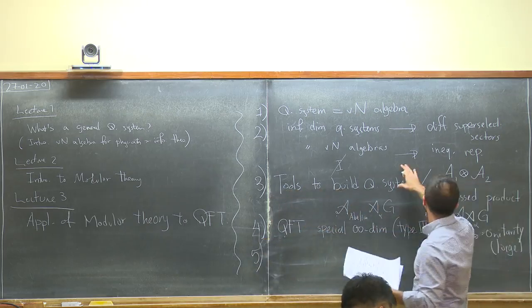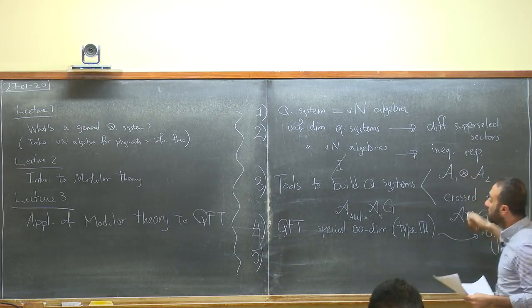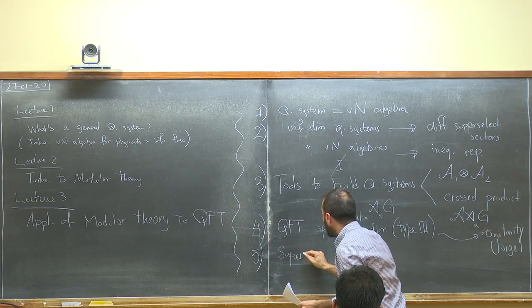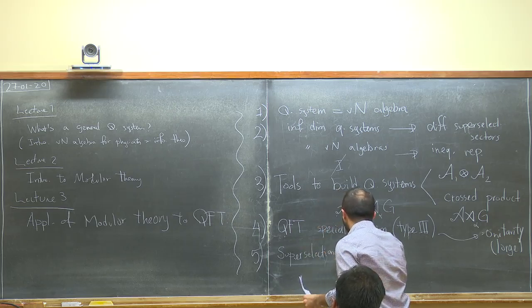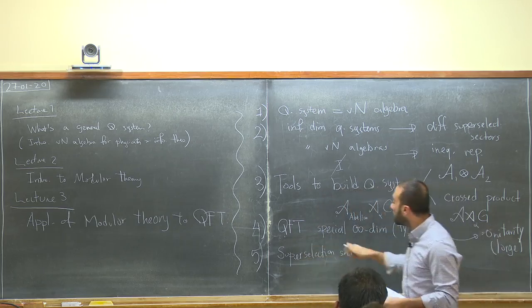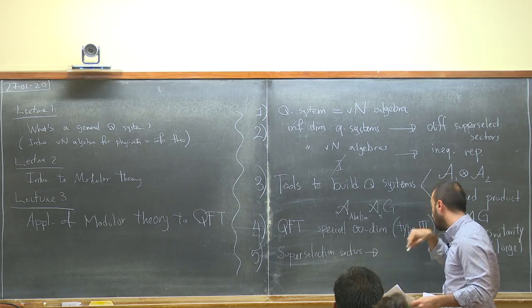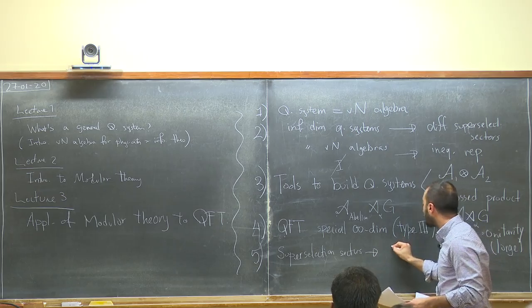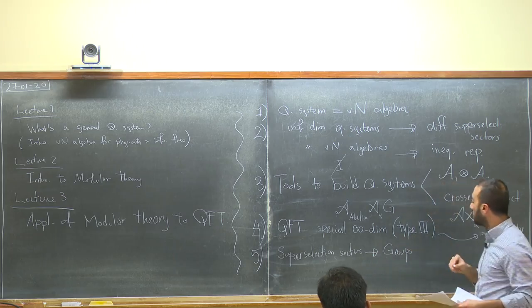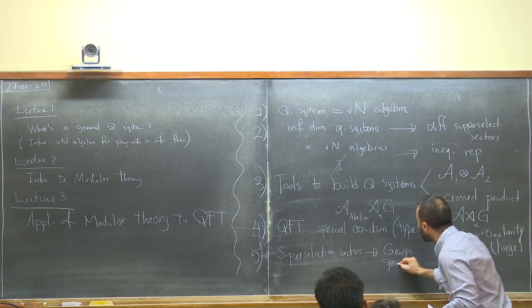And then I'll just comment on this cross product, and it's relevant for superselection sectors. So every time you have superselection sectors, superselection sectors are often related to symmetry groups, not always, but often are related to symmetries.